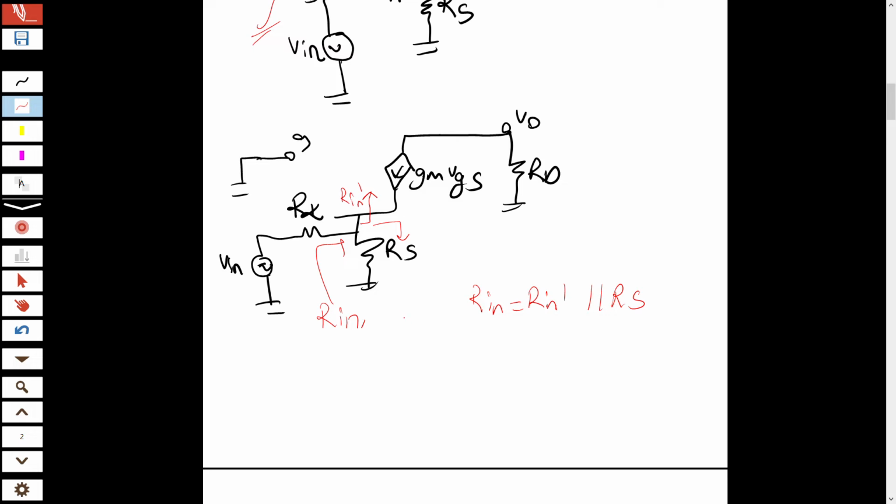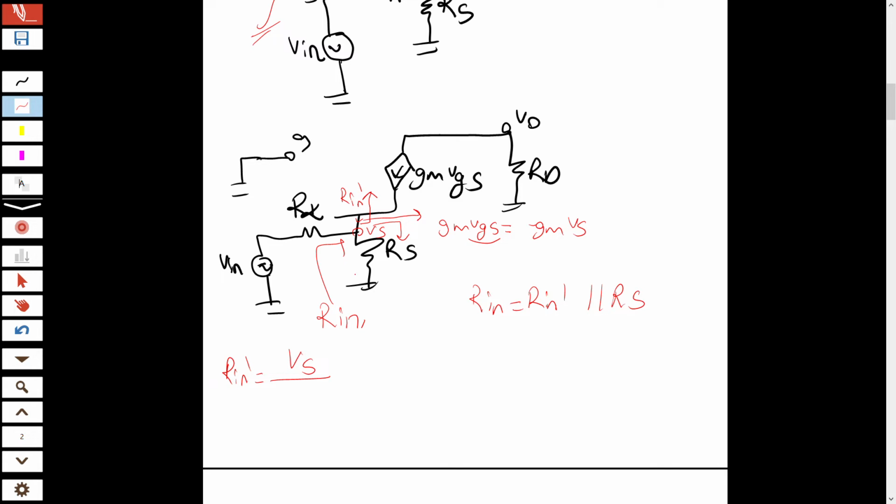What is R input prime? This voltage is V source, and this current is gm VGS, and gm VGS equals minus gm V source because V gate is 0. If I divide V source by its current, I can find R input prime.